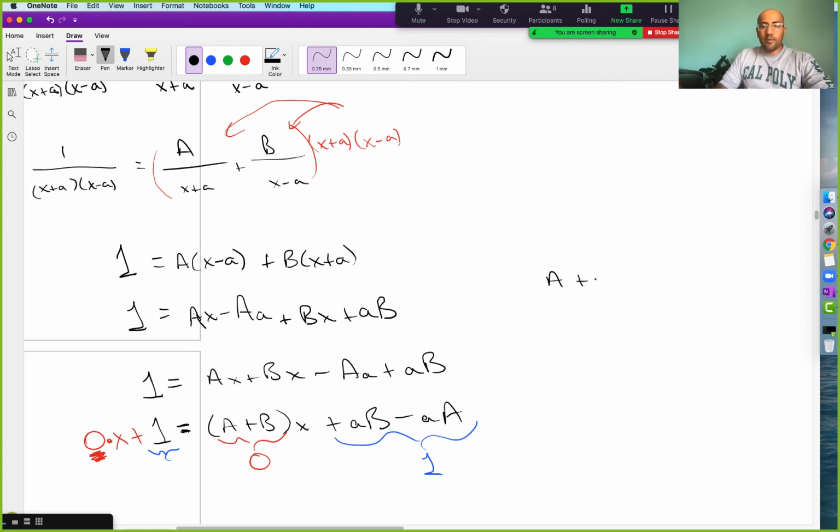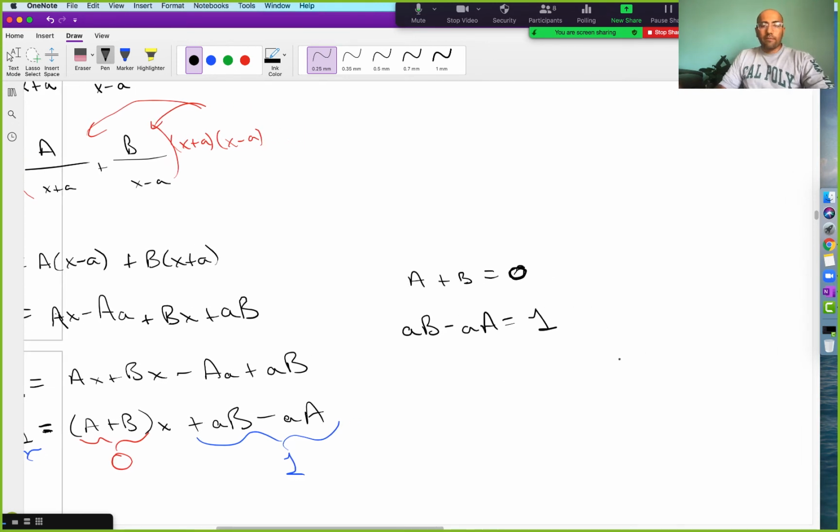So that's how I can conclude this system. A plus B must be 0. And at the same time, it must be true that a capital B minus a capital A must be 1. Good. From here I can conclude that A and B are additive inverses. They add up to 0, so it must mean that A is equal to negative B. They're almost the same value except they're opposite signs.